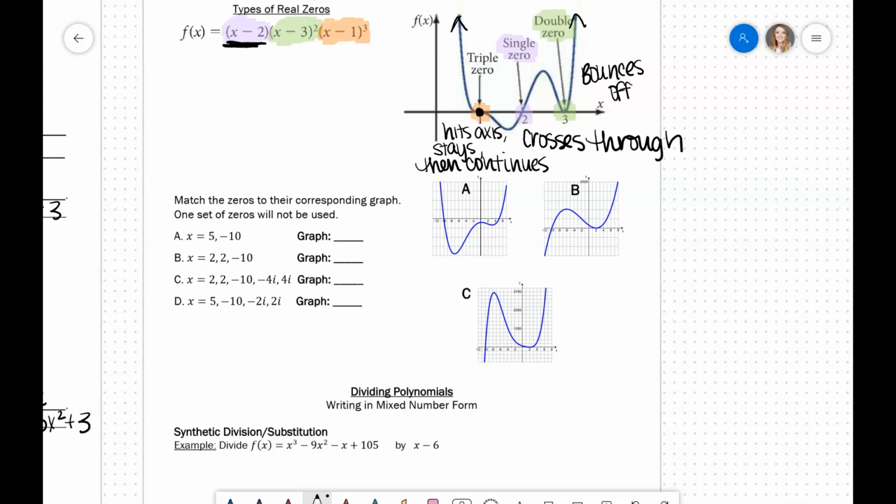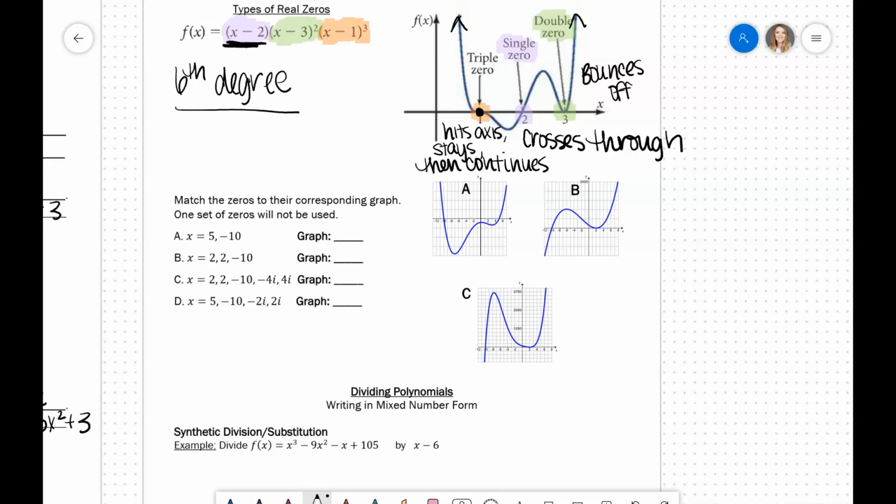If you see a triple root here, that means that there were 3 x-intercepts, another 1, so that makes 4, and then a double, so that makes 6. The number of roots that you have should match the degree of your polynomial. So I would know that that's a 6th degree because it had 6 zeros. So even if you have imaginary, your imaginary solutions and your real solutions should always add to your degree.